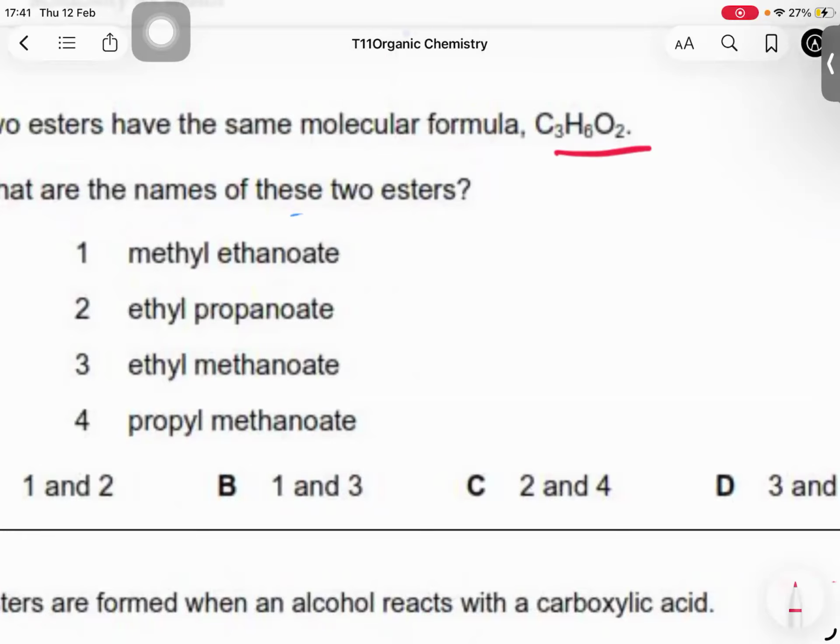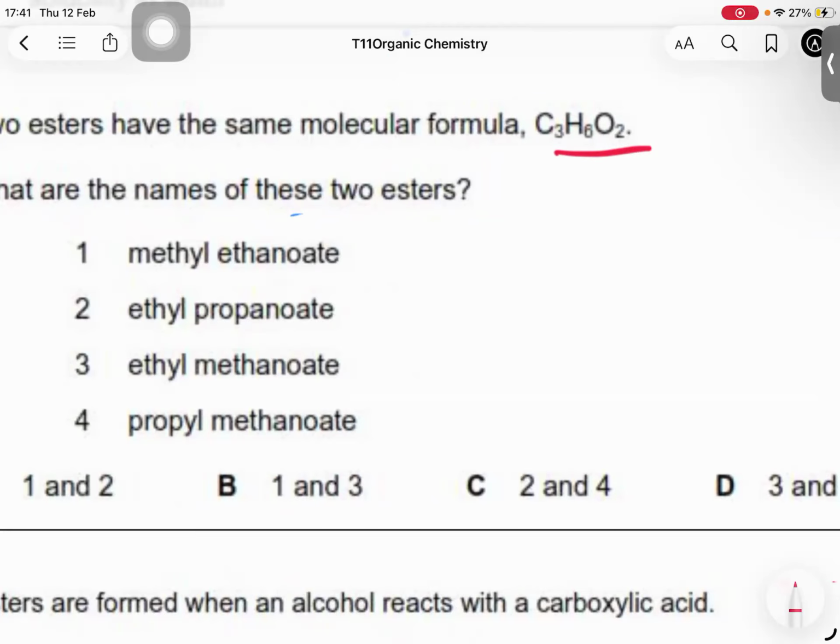Esters का molecular formula C3H6O2 है. यानी ester में total carbon कितने हैं? You can do your working if you want to. C3H6O2. Just think about it कि ester हमेशा दो के combination से बनता है.